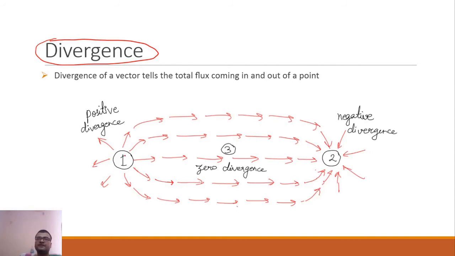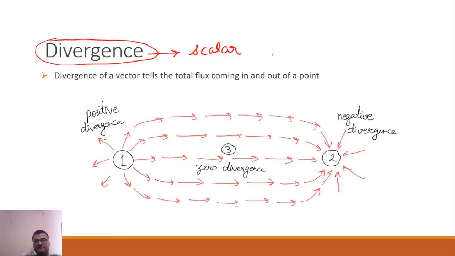So if we relate it mathematically, what will happen? Let's say you have to find the divergence at point 1. Because all the arrows are coming out of this point, you will get a positive divergence. I will remind you, and I will tell you again afterwards, that when you find out divergence, the answer is a scalar.